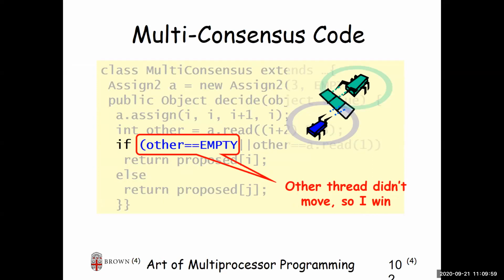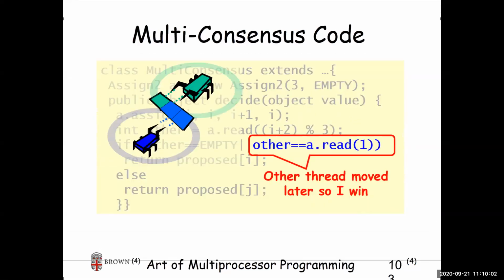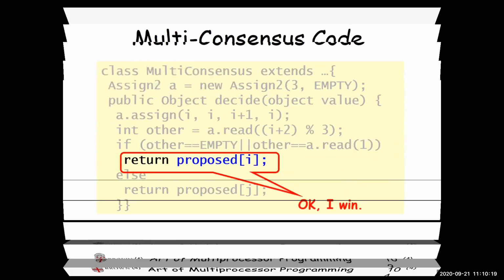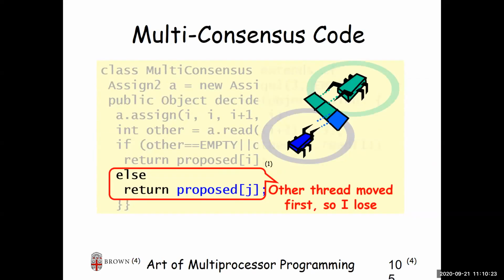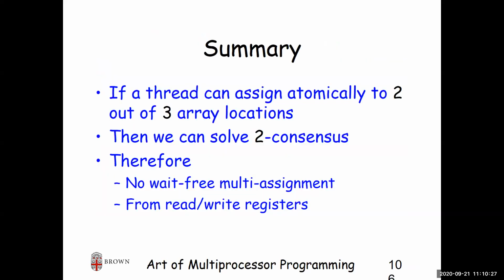And then we're going to say if the other is empty, or if the other location contains the other thread, then I win. Okay, and that will return the proposed value. Otherwise, I lose, and the other thread moved first.